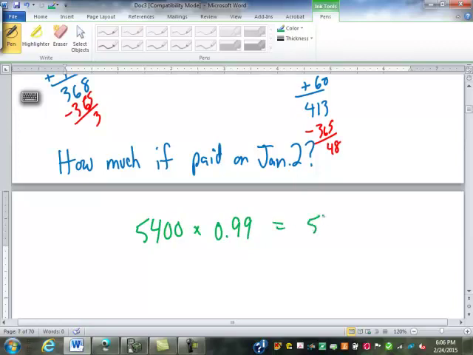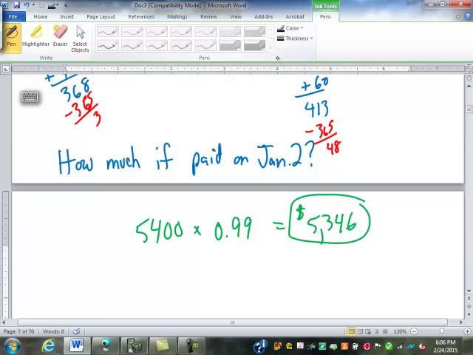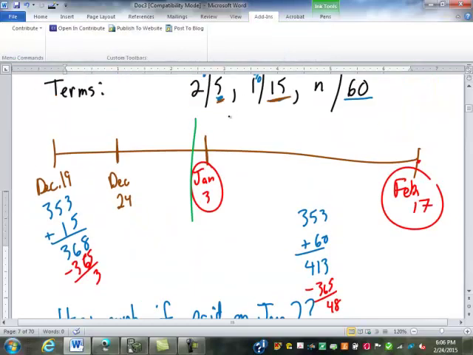So that's going to give us $5,346. How are we doing so far? Good? Okay. The 99 came from the 1% discount. If you have a 1% discount, you're left paying the remaining 99%. So I'm just turning that into a decimal, 0.99.